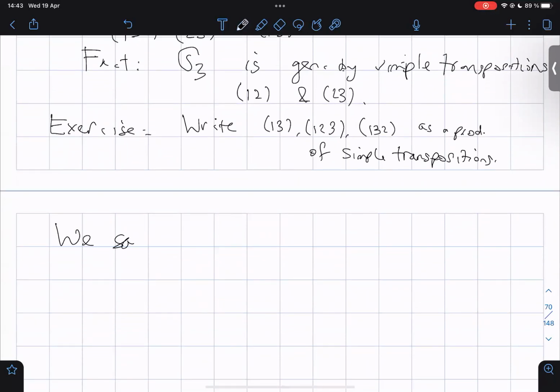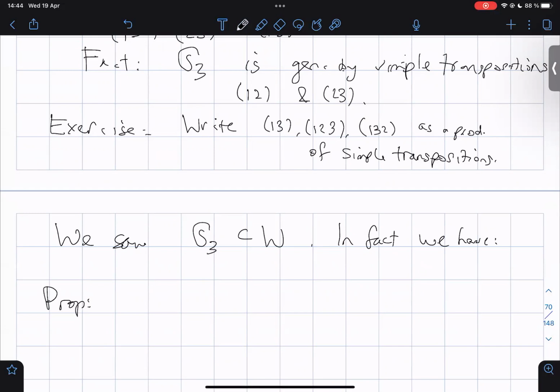So we saw earlier that S3 is the subgroup generated by s_alpha1, s_alpha2, and s_alpha1+alpha2, so this is contained in the Weyl group. But in fact, I'm not going to prove this, but you could see a proof in Hall, certainly for the SL3 case, but I'll state it for SL(n+1).